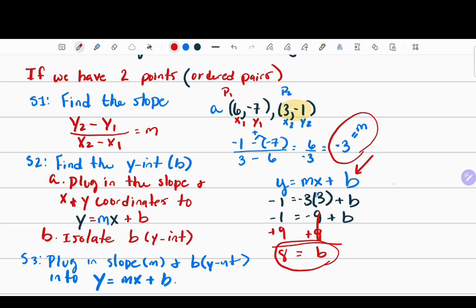So the equation of a line is y is still in the problem equals, this time our slope is -3. There it is. X is still in the problem. And because that's a positive 8, we say plus 8. All right. That's the equation of a line that goes through those 2 points.